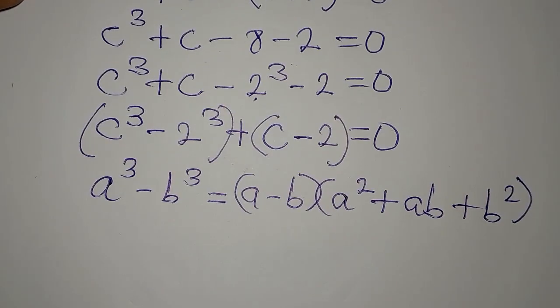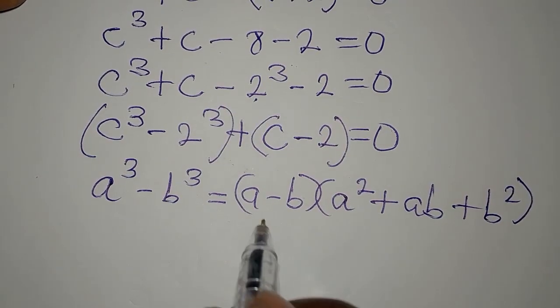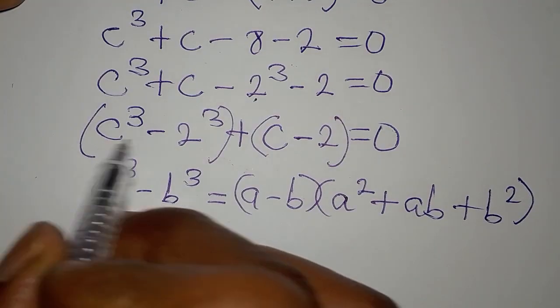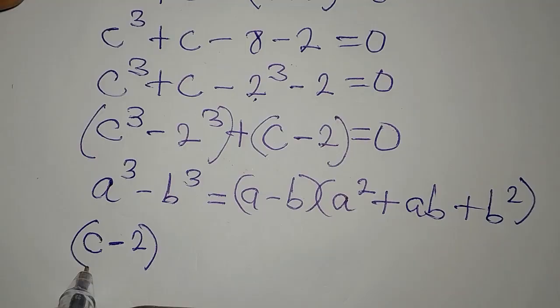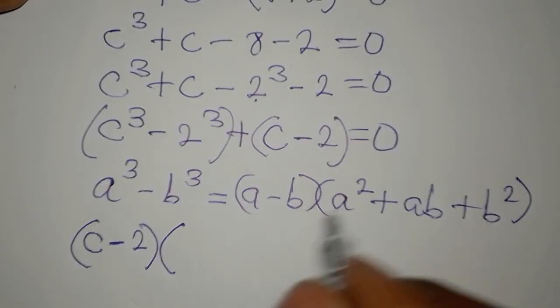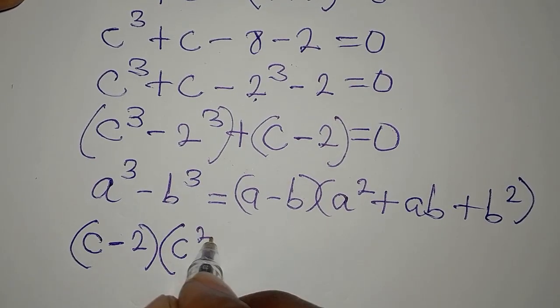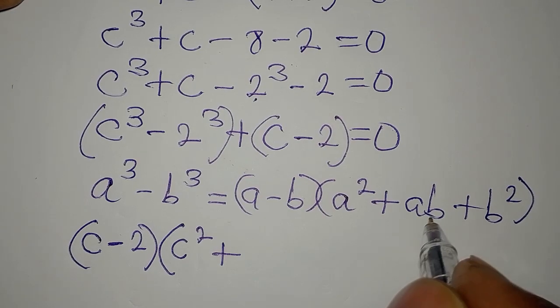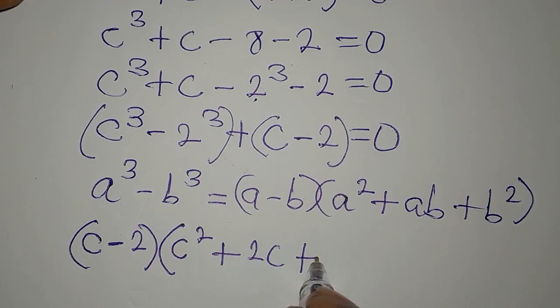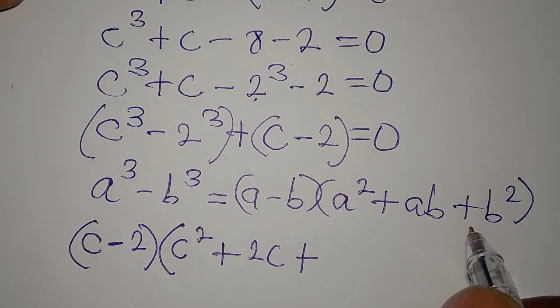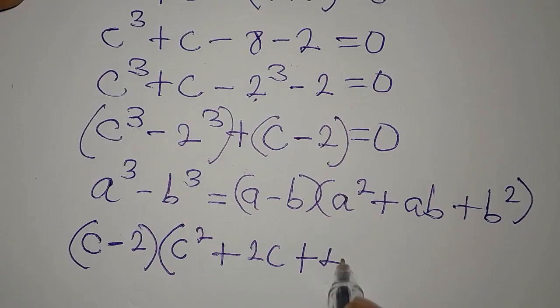So our A minus B now becomes C minus 2. Write C minus 2. Then here we have A squared, that's going to be C squared. Then plus AB, that will be C times 2, and it's 2C. Then plus B squared. Our B squared is going to be 2 squared, and that is 4.